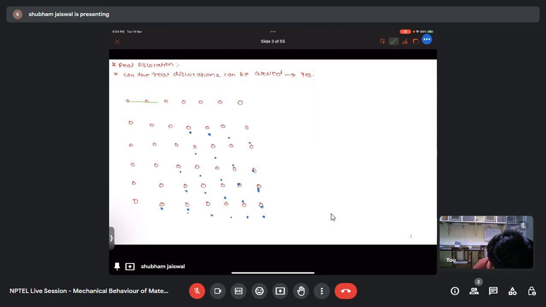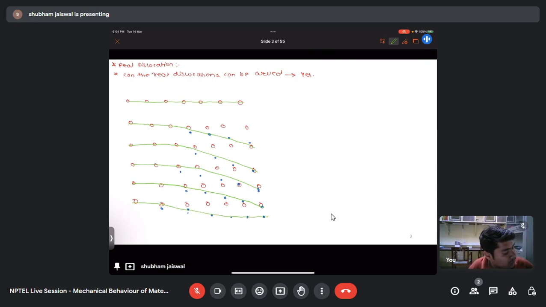Let me draw. Okay, so this is our extra half plane or edge dislocation. This is the line vector, and let's say this is our Burgers vector. And here we have a screw dislocation.